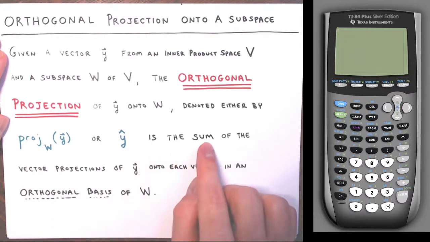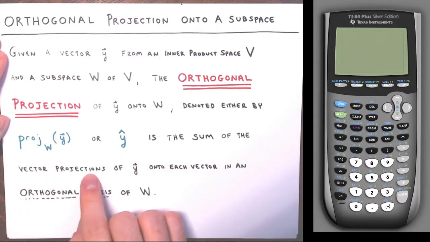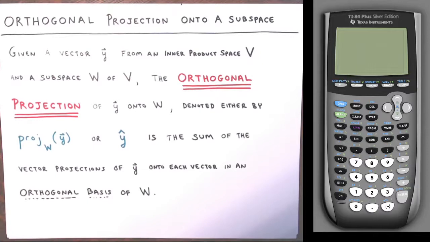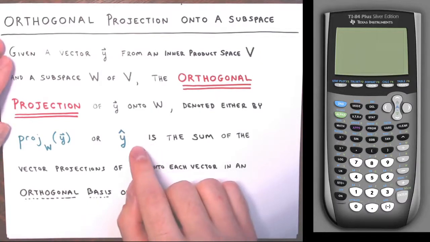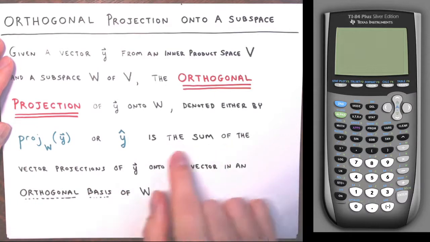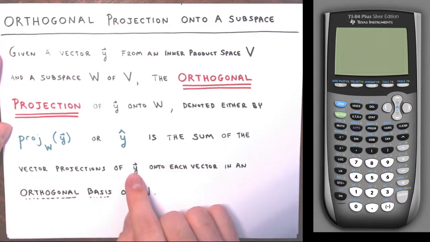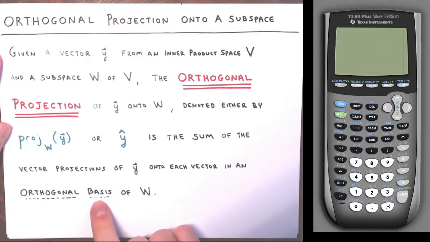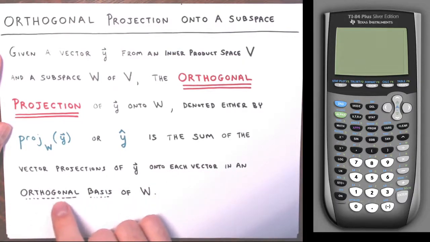It is the sum of the vector projections. Remember again, I've mentioned I put up a video on projecting a vector onto another vector. Y hat here, or the projection of Y onto W, is the sum of the vector projections of Y onto each vector in an orthogonal basis of W, and those are the key words there.